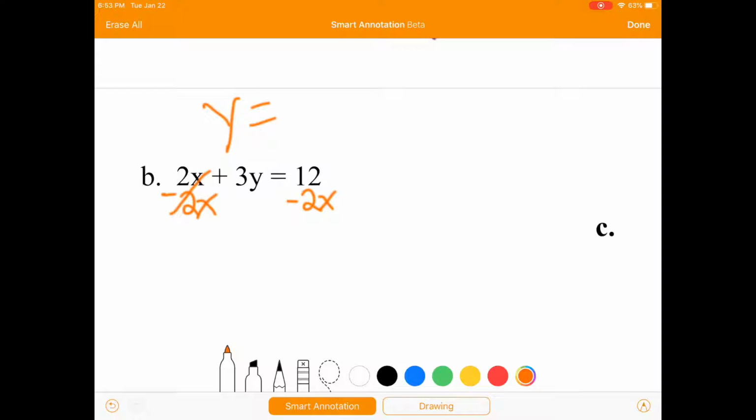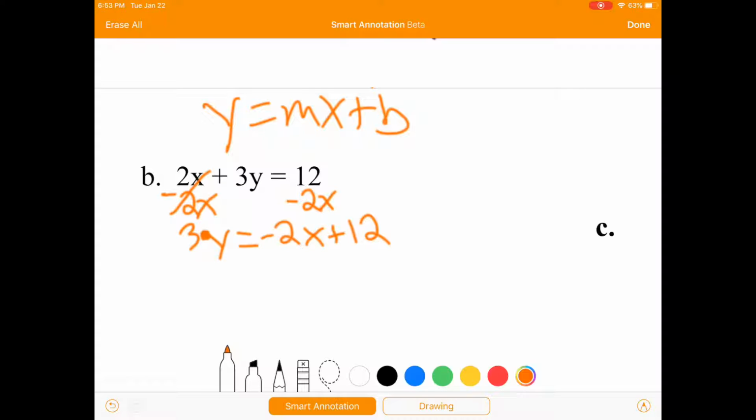So these cancel out, the 2x minus 2x. You're left with 3y equals negative 2x plus 12. Again, we're looking for y equals mx plus b, and we do not have the y by itself yet. Because there visibly is no operation between the 3 and the y, we know that it's multiplication.